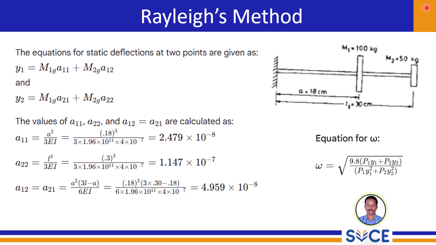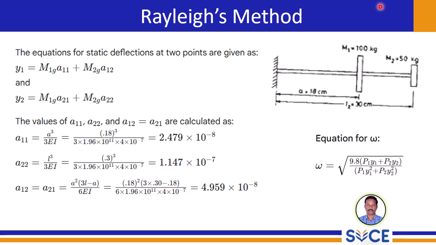The static deflections at the location of these two masses, Y1 and Y2, can be expressed in terms of the masses and influence coefficients. These influence coefficients are written as A11, A12, A22, A21, which represent deflection at point i due to unit load at point j.